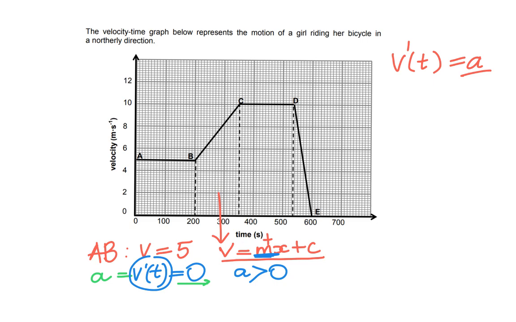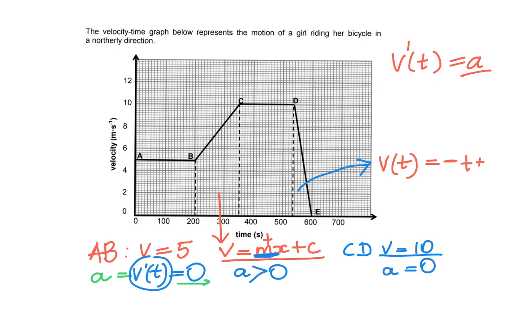In section CD, your velocity is again constant, so the velocity is equal to 10, which means that acceleration will be 0 because the derivative of 10 is 0. In section DE, we are looking at a straight line, so the velocity-time graph will be a straight line with a negative gradient plus some constant.